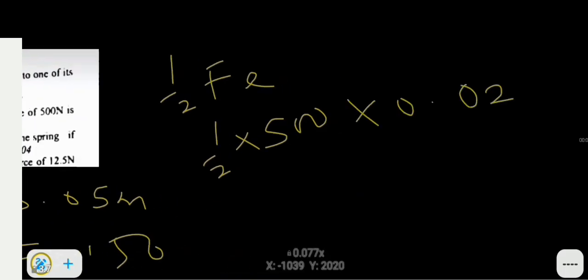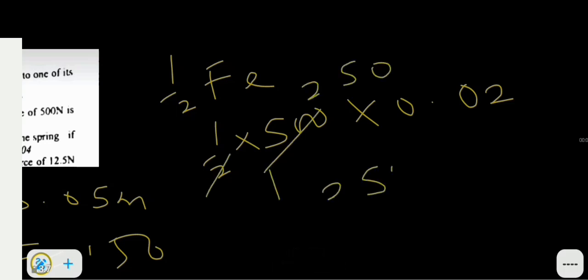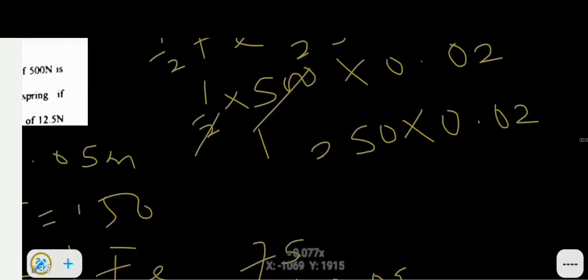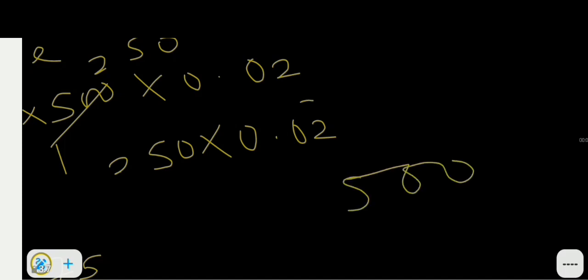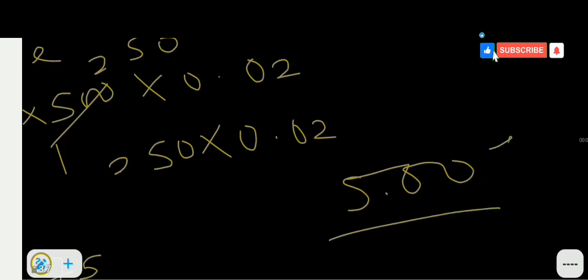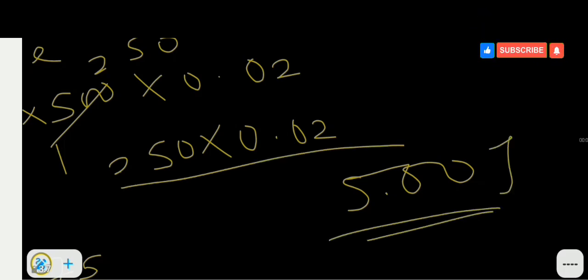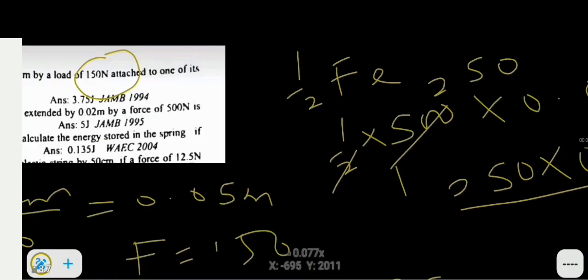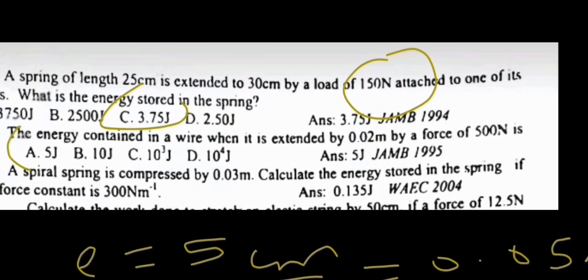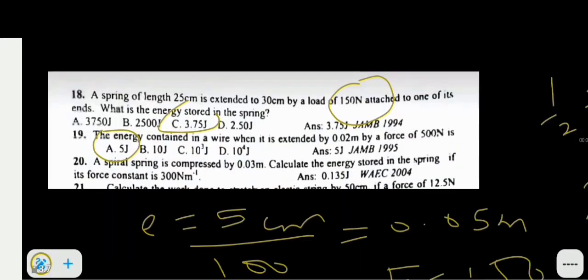Two into 500 is 250, so you're going to get 250 times 0.02. 250 times 2 is 500, so you just put the decimal places, and you're going to get 5 joules as the answer. Let's check it in the options. 5 joules is option A. So option A is the answer.